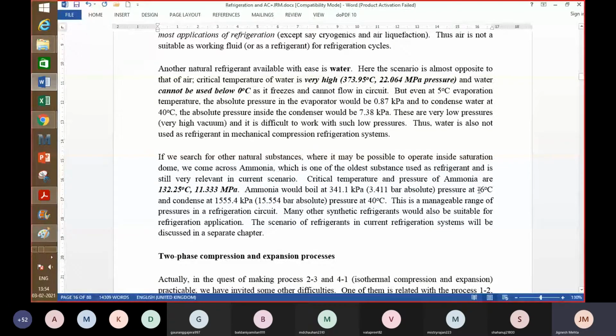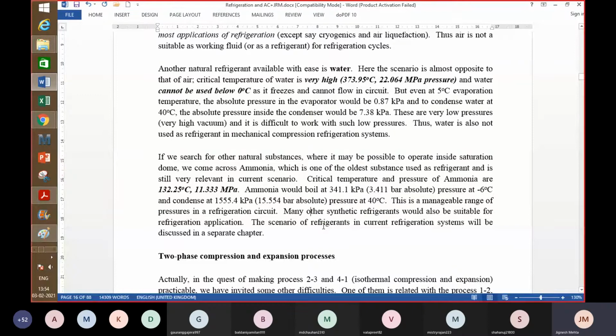And let's say your ambient is at 35, so you may condense it at 40 degrees Celsius and reject heat to the ambient, which is at 35 degrees Celsius, right? So ammonia seems to be suitable, where you can carry out all the processes inside the saturation dome, as was shown.